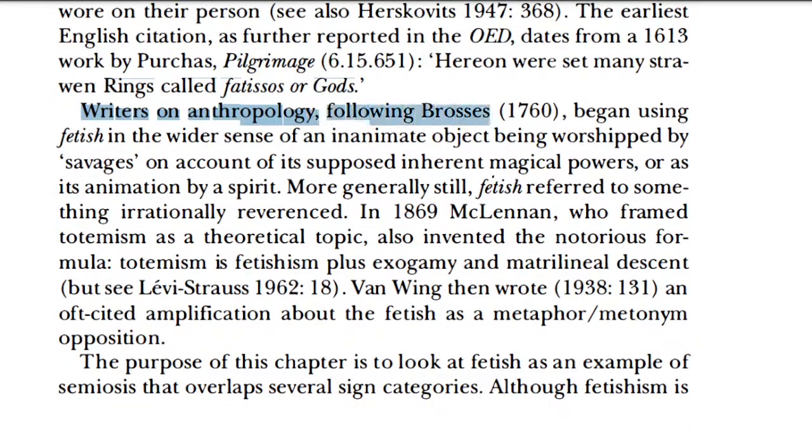Writers on anthropology, following Bosman's 1760, began using fetish in the wider sense of an inanimate object being worshipped by savages on account of its supposed inherent magical powers, or as its animation by a spirit. More generally still, fetish referred to something irrationally reverenced.